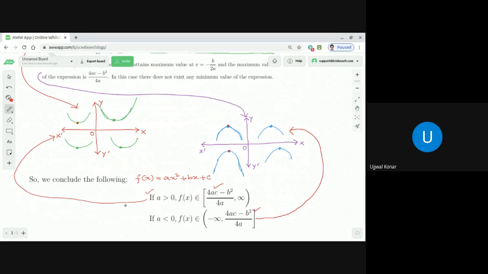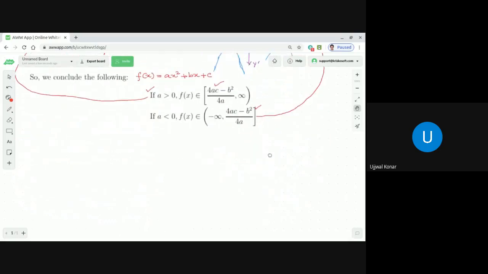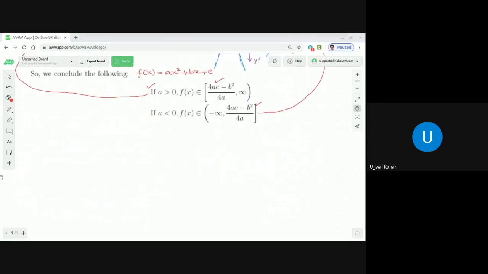I hope you got a very fair idea of what the maximum and minimum value of a quadratic expression is. Now, dear students, we are restricting the domain. If we restrict the domain, then there are some steps, and those steps I am going to mention. So range in restricted domain.